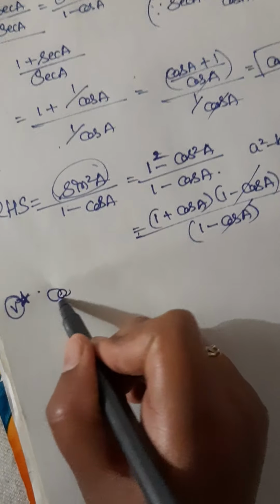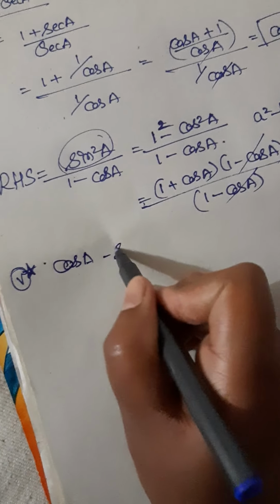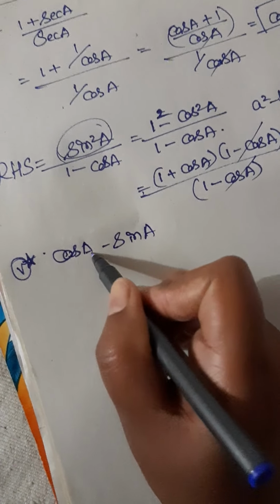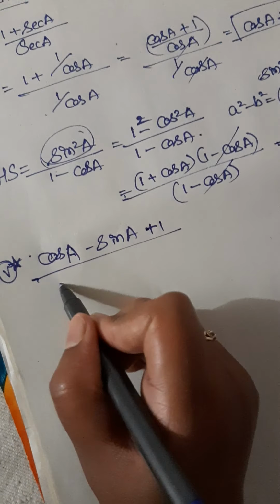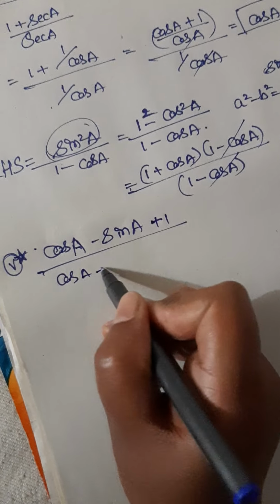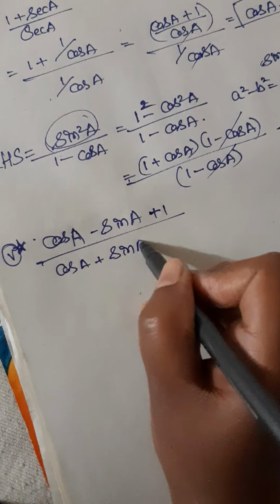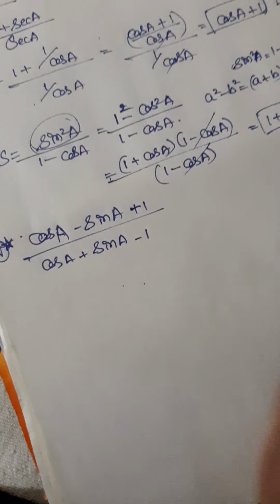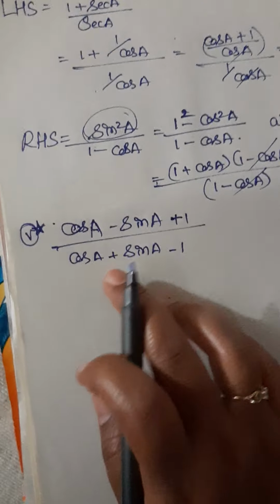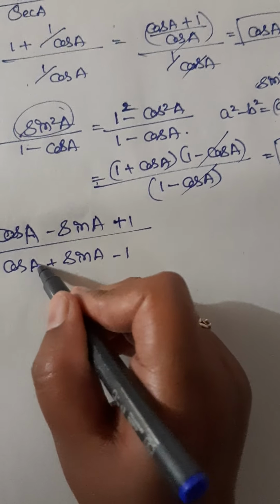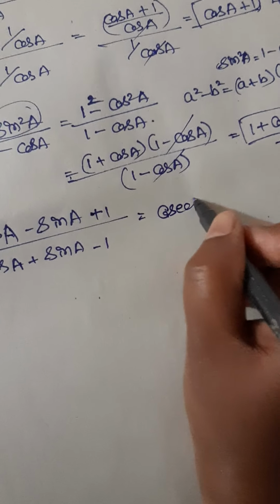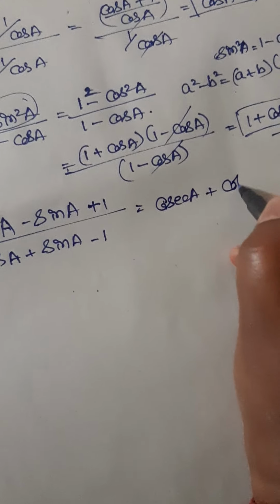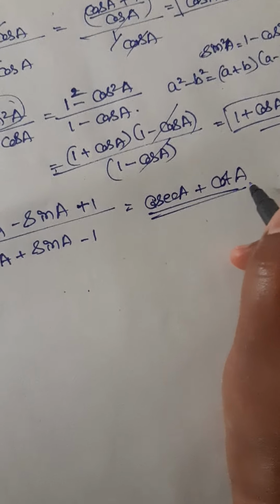So that is (cos a minus sin a plus 1) divided by (cos a plus sin a minus 1). Here, by observing these things, we have to get our answer in the form of cosecant a plus cot a. So our aim, our goal, is this one.